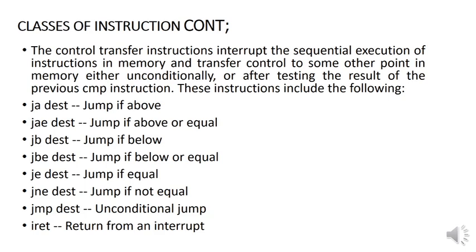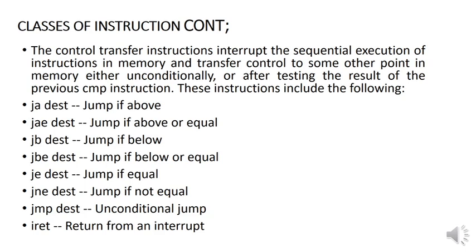For example, if you compare the AX and BX registers with the CMP instruction and execute the JA instruction, the x86 CPU will jump to the specific destination location if AX was greater than BX. If AX is not greater than BX, control will fall through to the next instruction in the program.